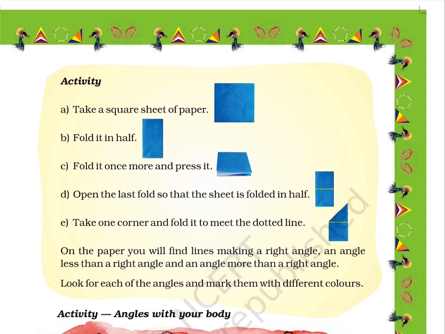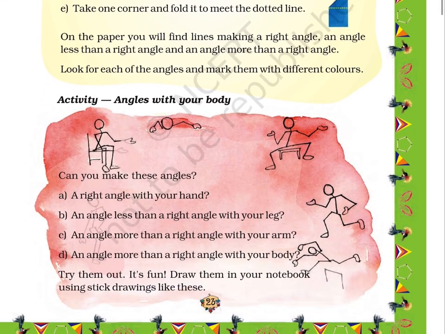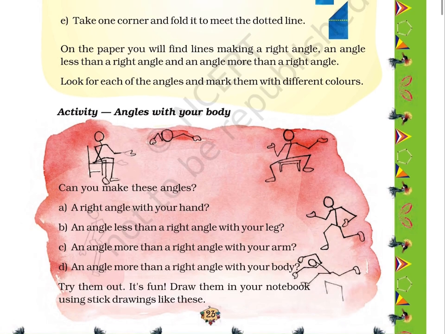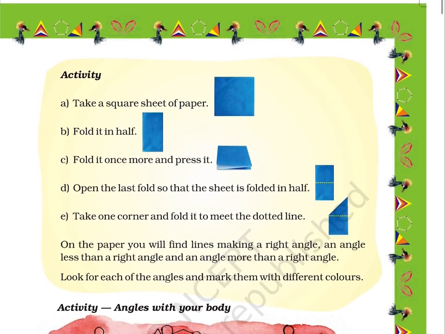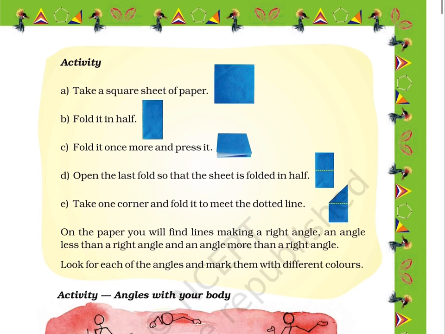E. Take one corner and fold it to meet the dotted line. On the paper you will find lines making a right angle, an angle less than a right angle, and an angle more than a right angle. Look for each of the angles and mark them with different colors.